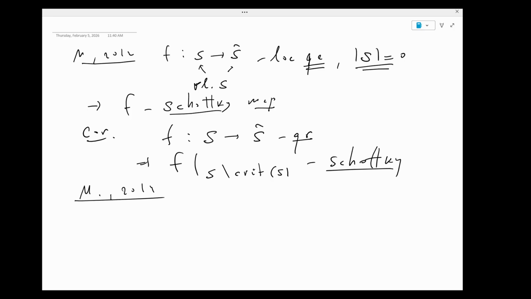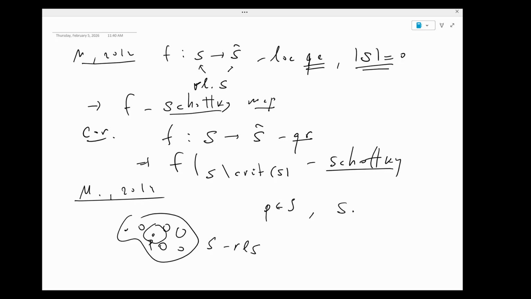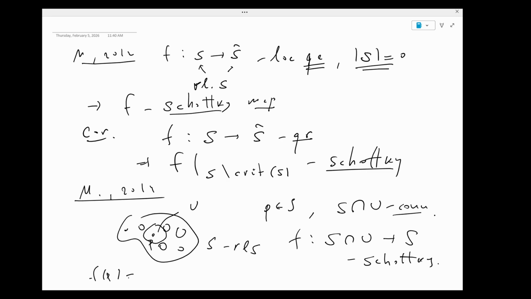For example, if you have a relative Schottky set S, you take a point P in S, and you restrict to some domain U. Suppose S intersect U is connected, and let's say F is a Schottky map that takes S intersect U to S tilde, such that f of p equals p, it fixes the point p, and the derivative defined on the previous slide is 1.